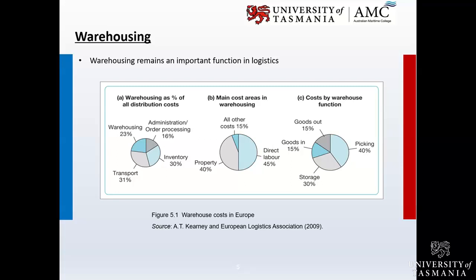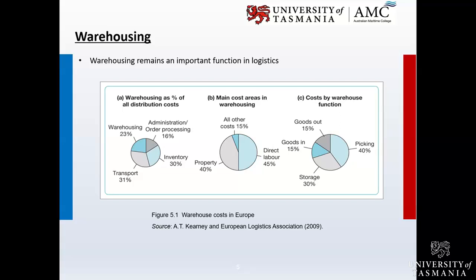Among the total distribution costs, we can identify warehousing, transport, and inventory. So these three important components, and warehousing accounted for about 23%.